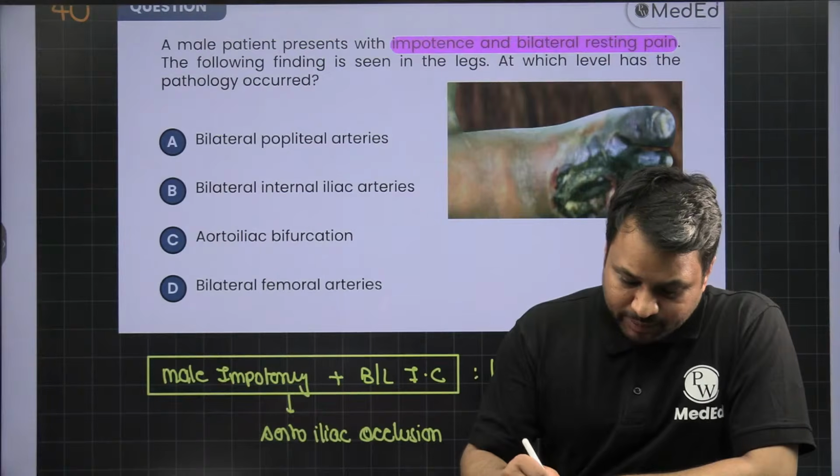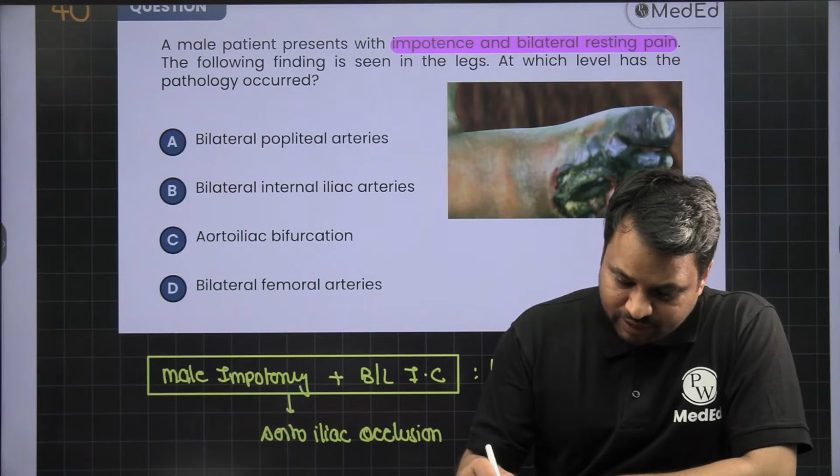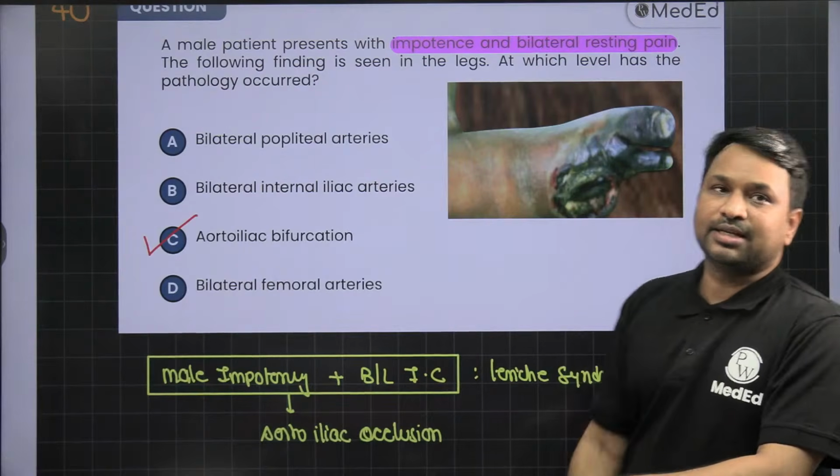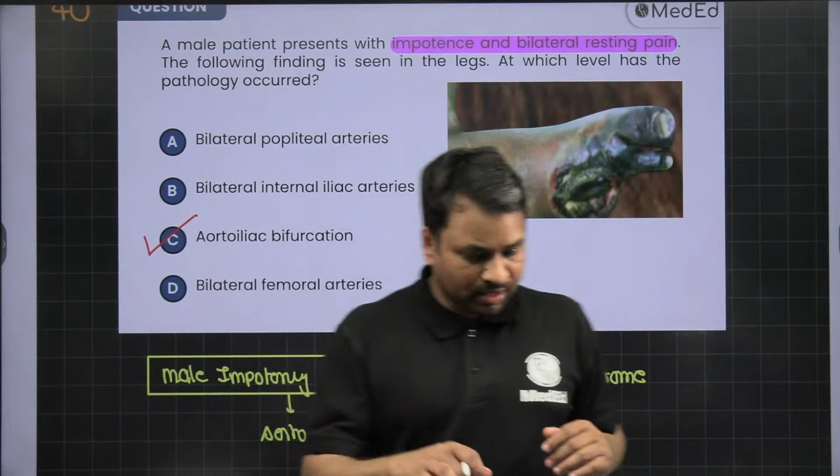So at what level is the pathology? We have already discussed it. The level of pathology here is going to be the aorto-iliac bifurcation. It's a classical case of Leriche syndrome, right?